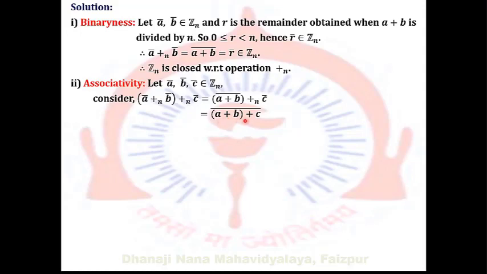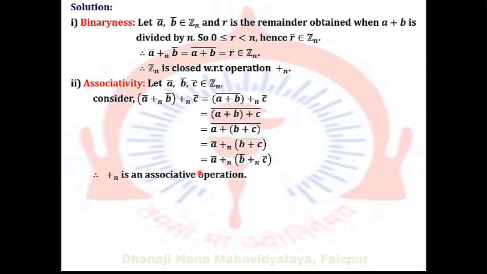So a plus b plus c is nothing but equal to a plus b plus c. So here a plus b plus c bar is nothing but equal to a plus b plus c bar, and that is equal to a bar addition modulo n b plus c bar, and that is equal to a bar addition modulo n b bar addition modulo n c bar. Hence the operation addition modulo n is an associative operation.